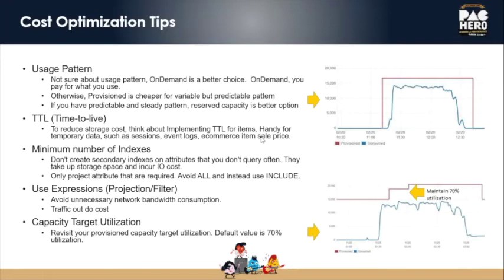You also need to be wary that it takes roughly 5 to 10 minutes for it to increase the provisioned capacity. At that point in time, you could potentially have a throttling impact on the database or on your application. So if you know the pattern, you can play with the capacity target utilization and also save cost there.